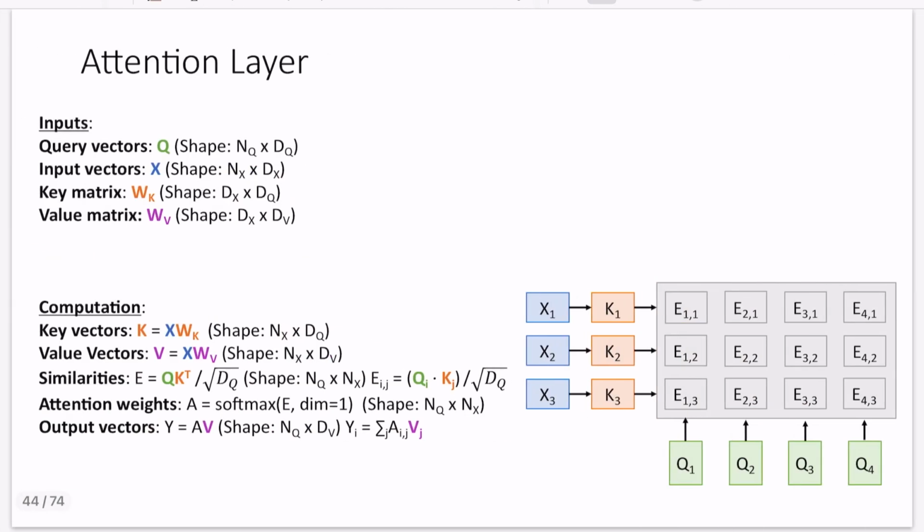After that, just measure the similarity between Q1 and K3, Q1 and K2, Q2 and K3, Q3 and K3, and so on. So you are going to make a matrix E here. Of course, you need to normalize the similarity by square root of DQ. This is a similarity map between query vectors and input vector.